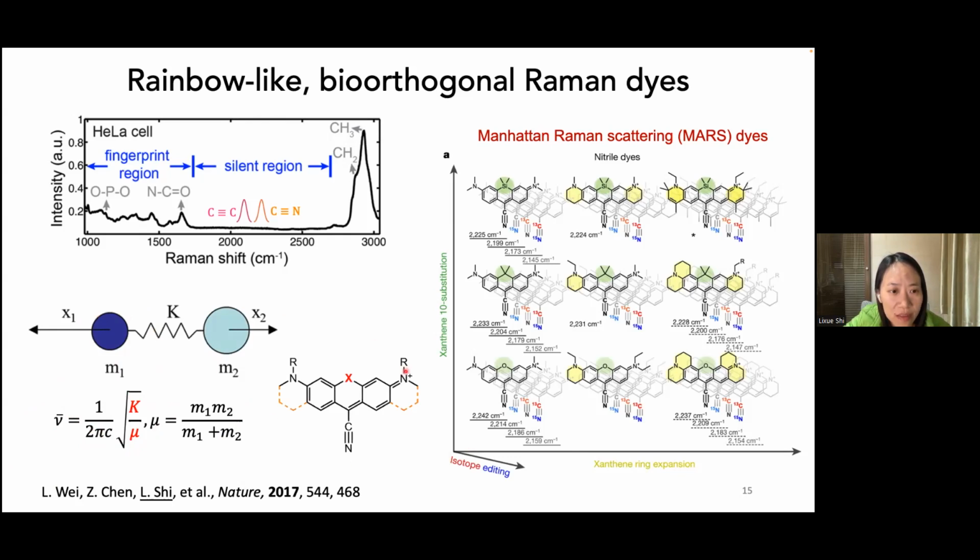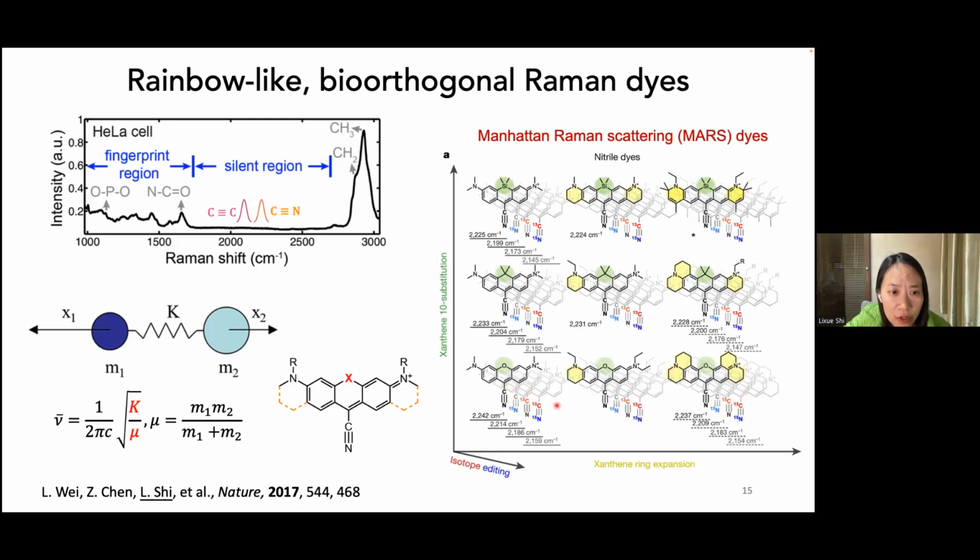On the one side, substituting the core atom, the central atom of the chromophore, as well as gradually expanding the number of rings of the chromophore can fine-tune the nitrile frequency by affecting the electron density of the entire pi conjugating system, which is the key factor in this equation.